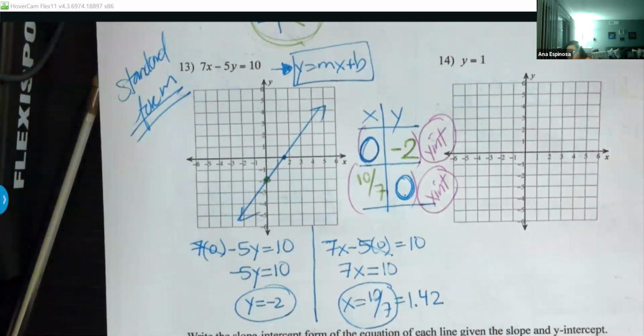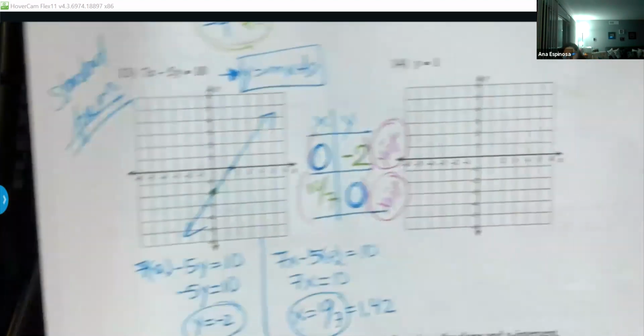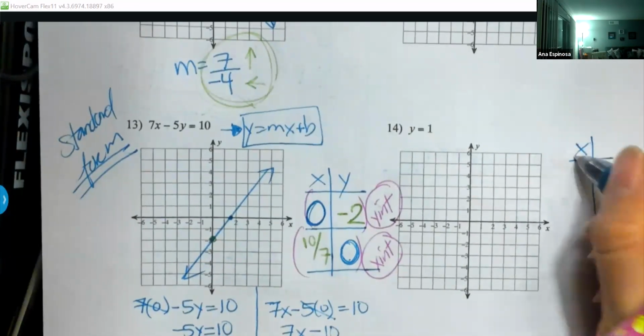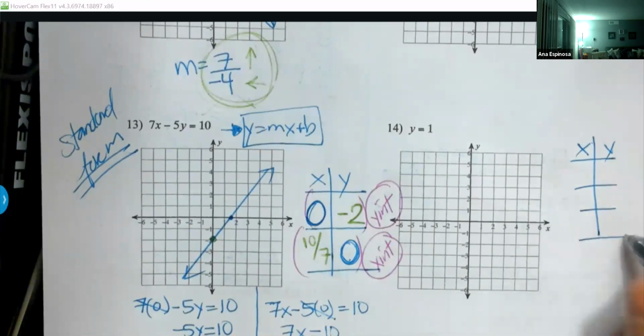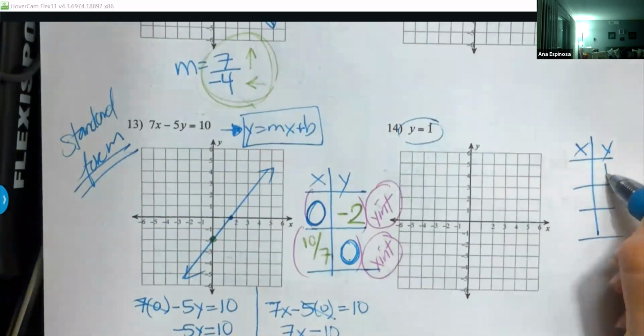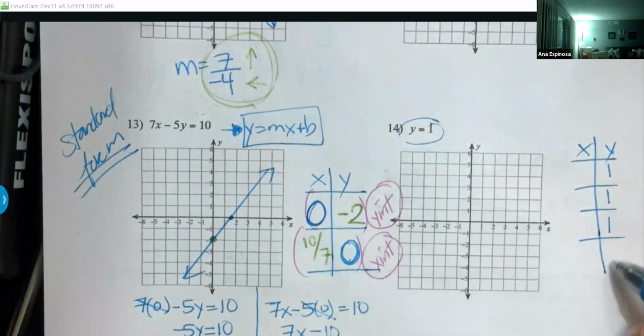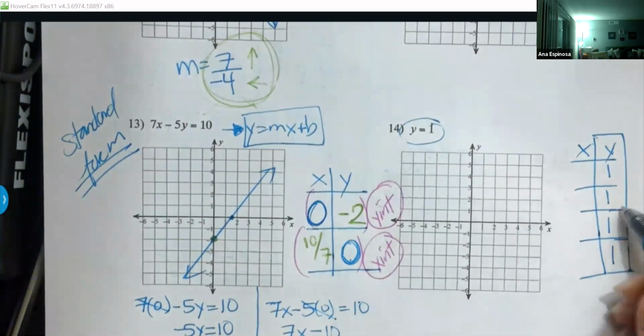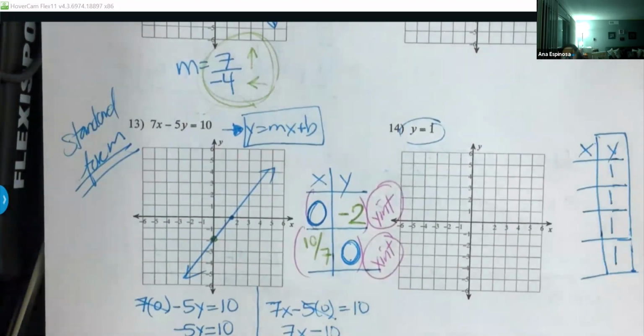All right, the last one is y equals 1. For this one, it's very confusing for students to memorize when it's horizontal and when it's vertical. But basically, y equals 1 tells you that y is going to be 1 every single time. It doesn't matter how many points you take. So what is x?